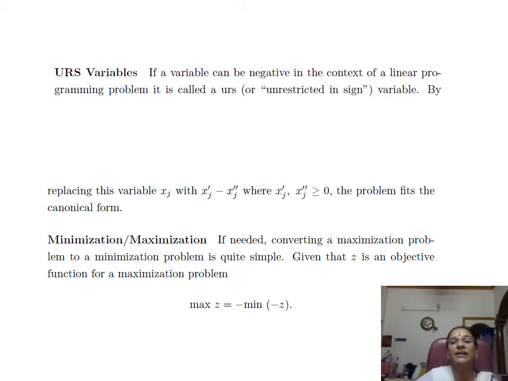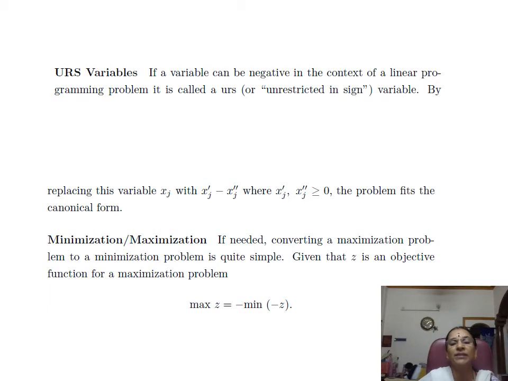We find the matrix form AX equals B. Let me conclude with the third one: unrestricted signs. Already we said whenever we use linear programming, x1, x2 or any variables are greater than or equal to 0. Suppose we do not restrict the sign, we change unrestricted to restricted variables.